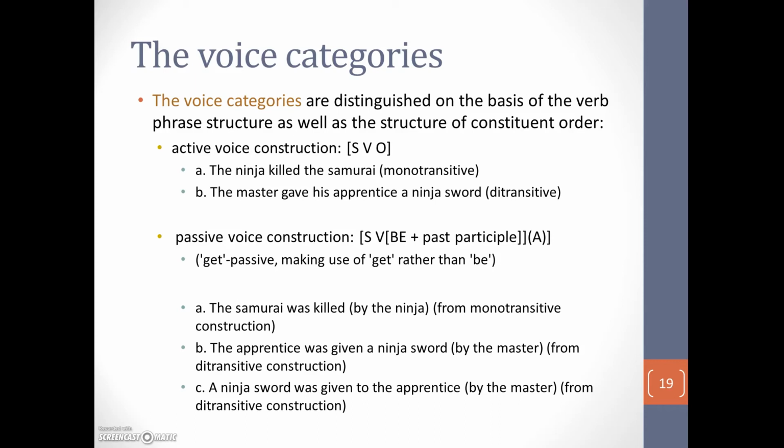Either we can say the apprentice was given a ninja sword by the master, or a ninja sword was given to the apprentice by the master. We're going to look at this in more detail, but just so you can see that for ditransitive constructions where we have two objects in the active, we have two different ways of passivizing this.